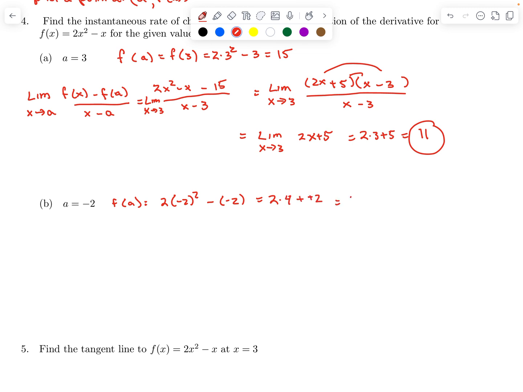Eight plus 2 is 10. All right. X approaches a, f of x minus f of a over x minus a.